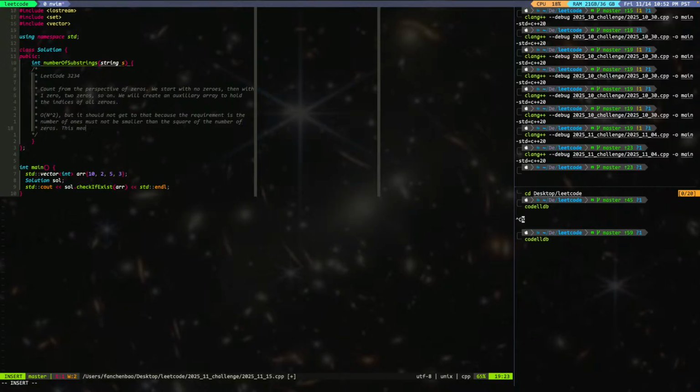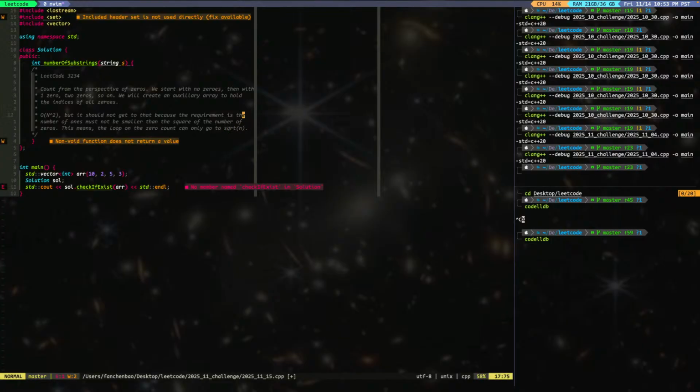This means the loop on the 0 count can only go to sqrt n. So basically O(n) times sqrt n.